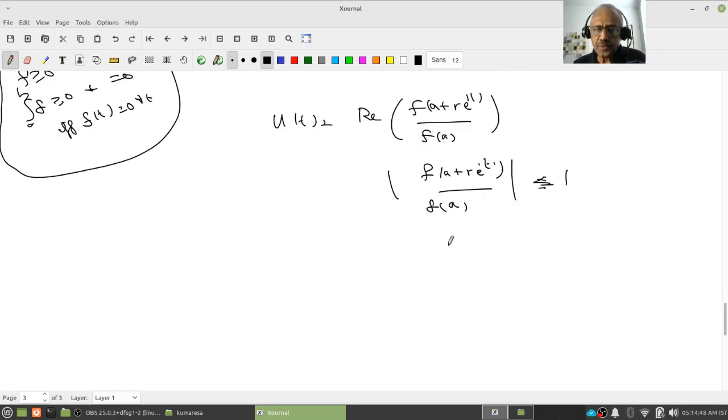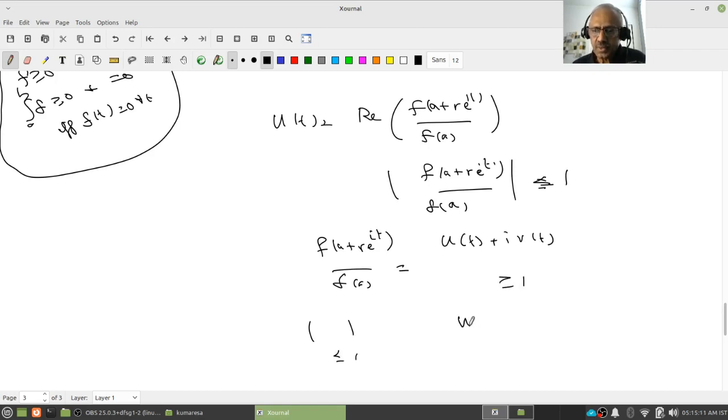If you write this fellow, f of a plus r e power i t by f of a, as u of t plus i v of t, what do I know? This modulus is less than or equal to 1, but this modulus is already greater than or equal to 1.